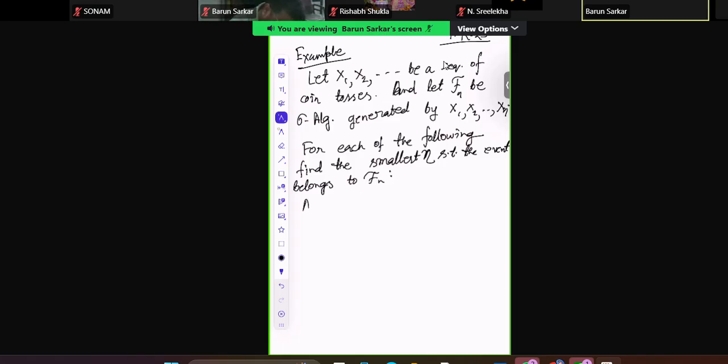So consider A is the first occurrence of heads preceded by no more than 10 tails.